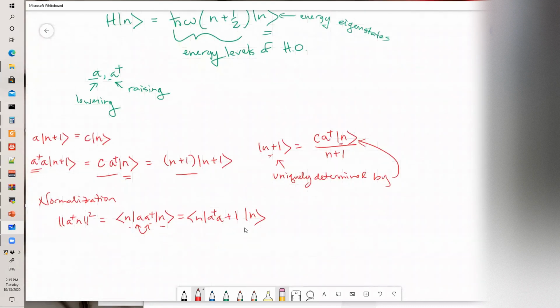So this is the n operator now plus 1, so this whole thing is n plus 1 times n. And these are going to be properly normalized eigenvectors, so we want the magnitude squared of A dagger acting on n to be n plus 1. That tells us that A dagger n should be some complex number with magnitude 1 times the square root of n plus 1, times n plus 1. So that's the normalization.